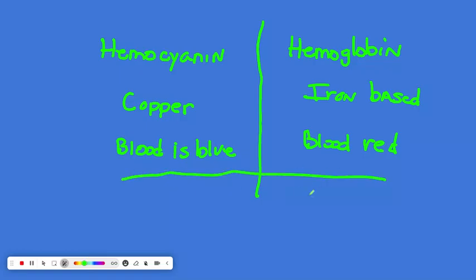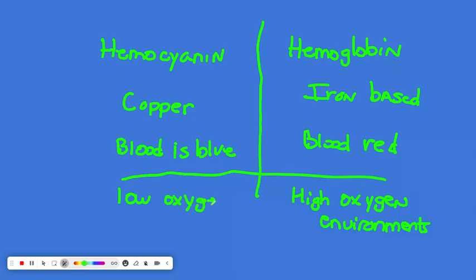Well, hemoglobin is good for high oxygen environments, more efficient for carrying oxygen, whereas hemocyanin is good for low oxygen environments, where you find these lobsters on the bottom of the ocean and the horseshoe crabs.